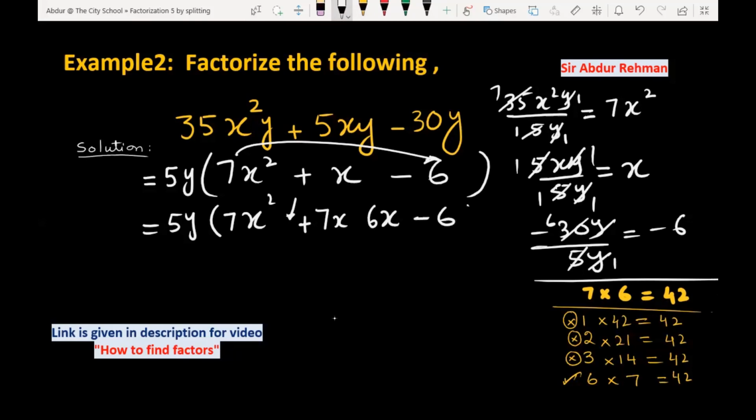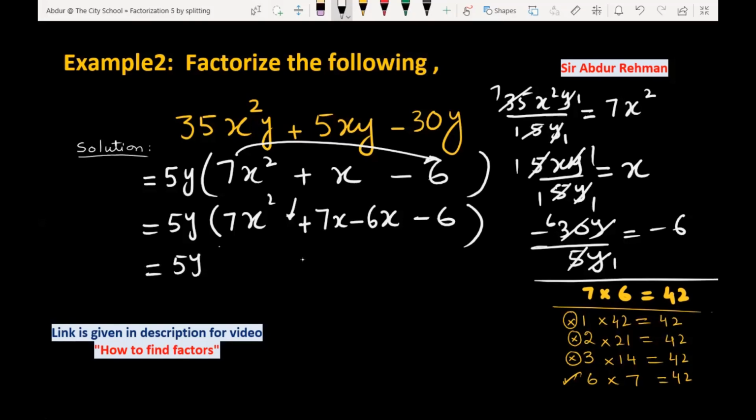But the question is which sign we have to write in between 7x and 6x. By subtracting, we get 1. The sign of 7x is positive, so you have to write the opposite sign for subtraction.